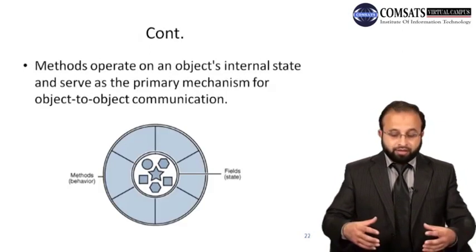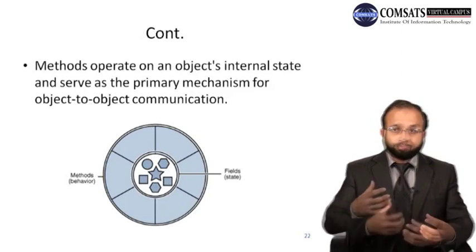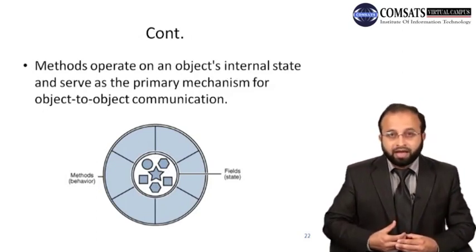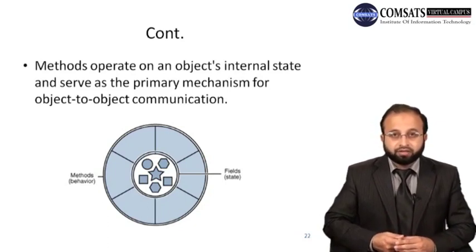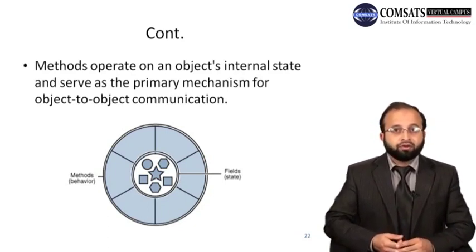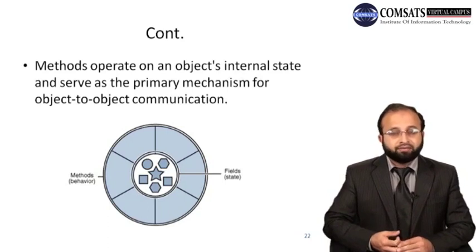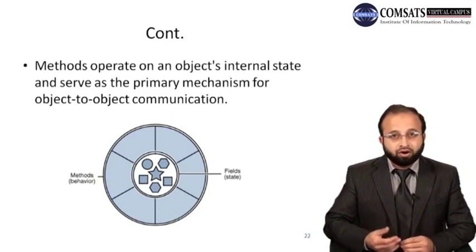So a software object is basically composed of fields or variables and functions. Variables represent the state or attribute of that object, and the function represents the behavior or capabilities of that object.